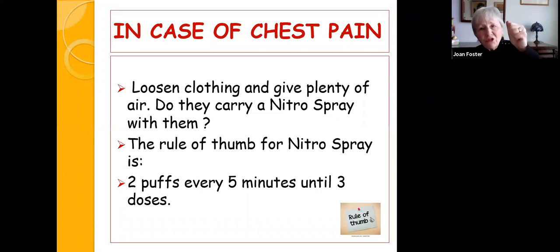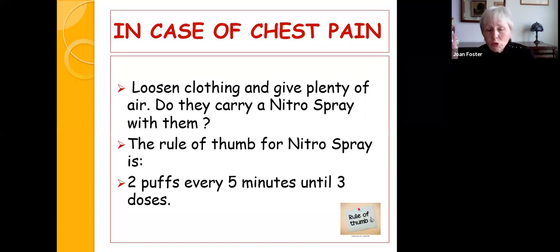If you just stop and wiggle your foot a bit, the blood vessels relax, more oxygenated blood gets to the area and the cramp goes. Well, it's the same thing with the heart. The heart tightens and gives someone pain. This nitro spray opens up the blood vessels, and it usually will take away the pain.